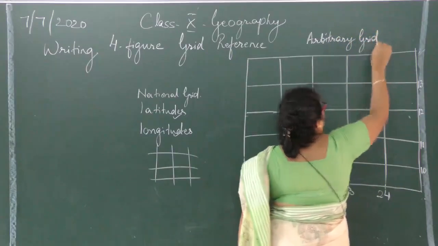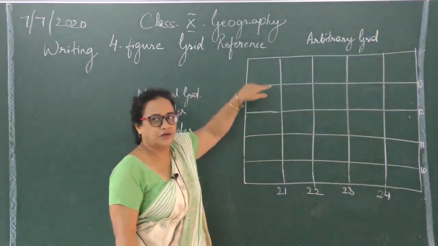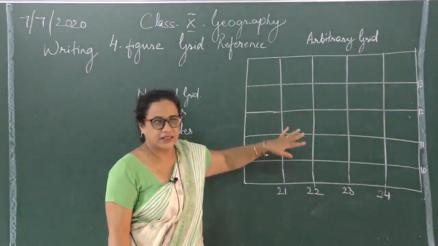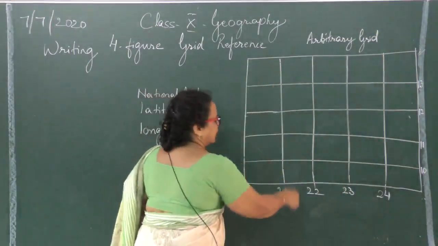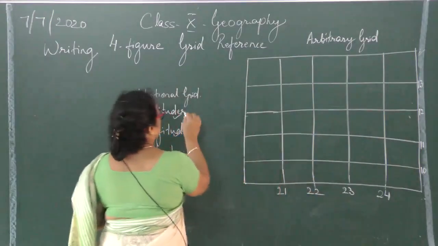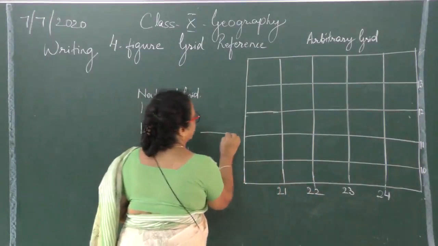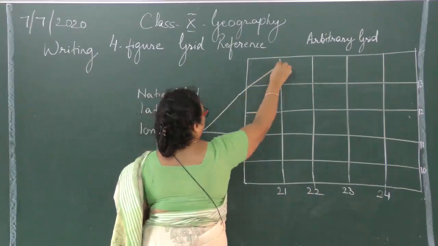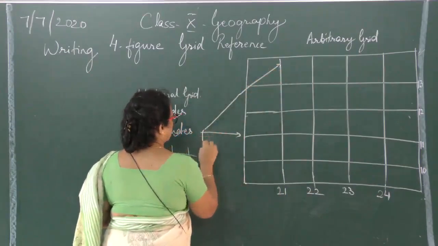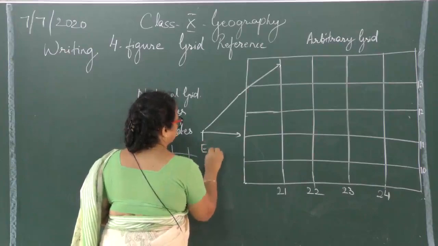What is this grid? This is a network of horizontal and vertical lines. Now, which is which and what are their names? These vertical lines which you can see, which are similar to longitudes, are called eastings.